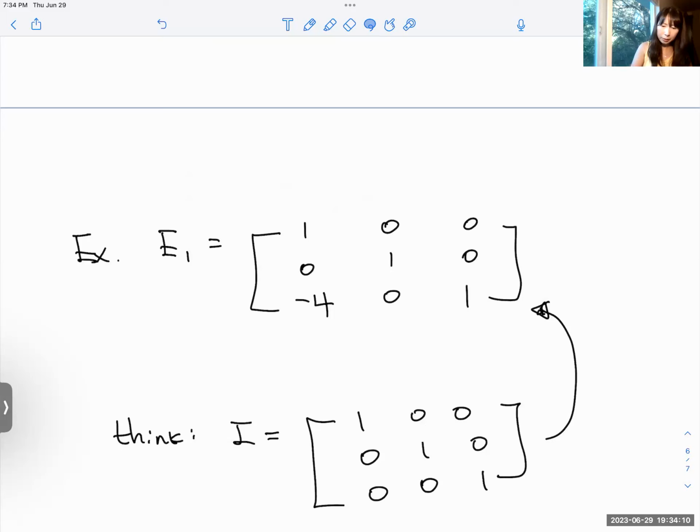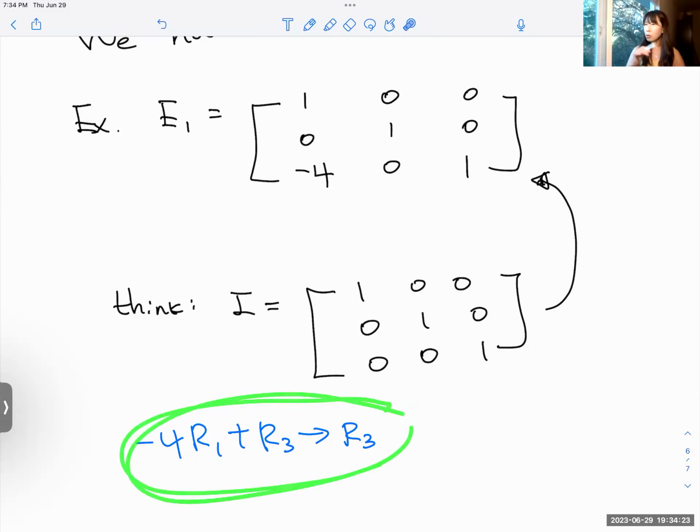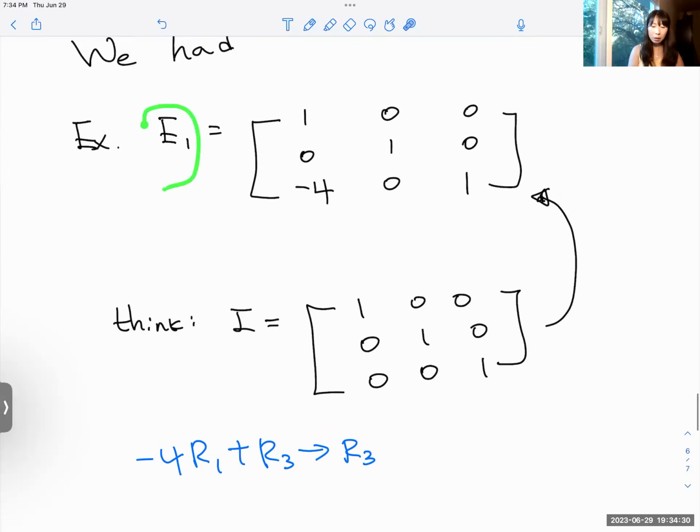So we had this one, right? And then we knew that if we use this row operation, which is a replace operation, then we could get the elementary matrix from the identity, right? Okay, now, how do you find the inverse of the elementary matrix?